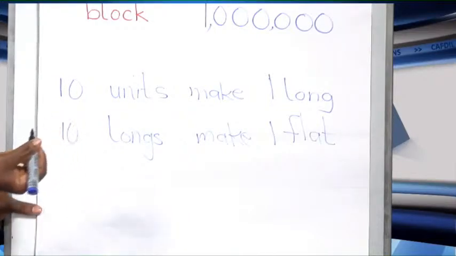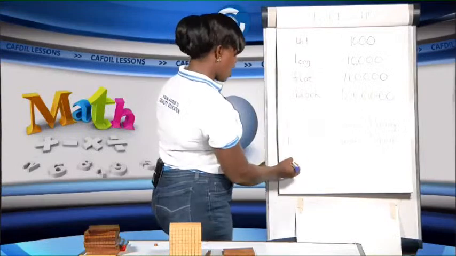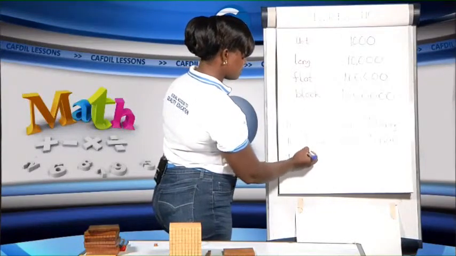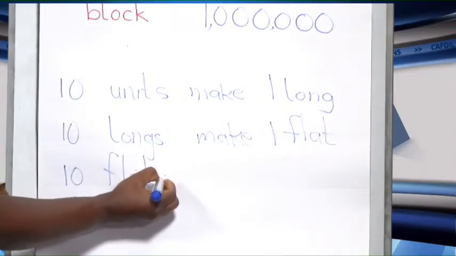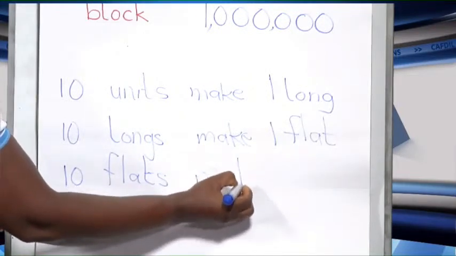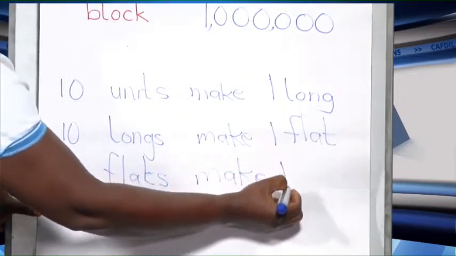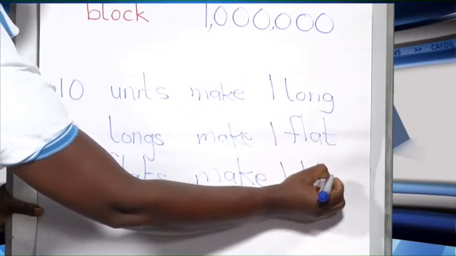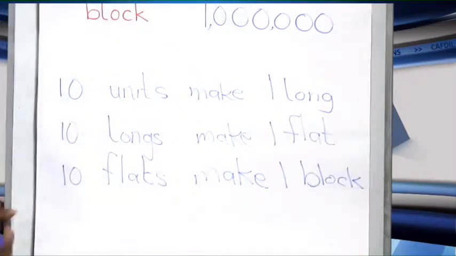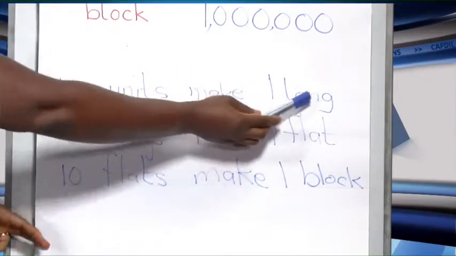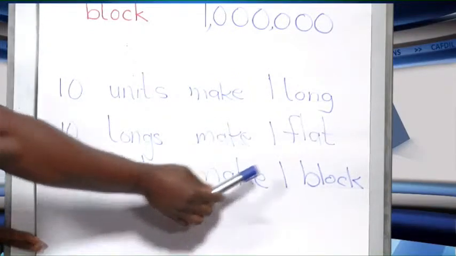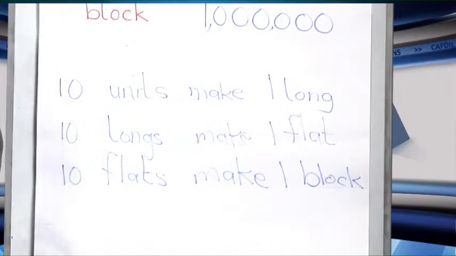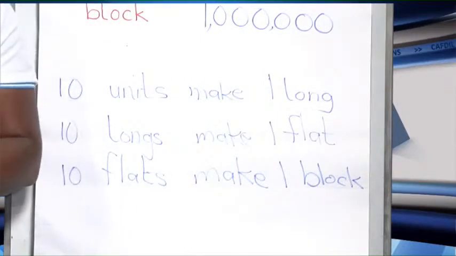If 10 of the longs make 1 flat, then 10 of the flats make 1 block. I hope you can see it. 10 units make 1 long, 10 longs make 1 flat, and 10 flats make 1 block. I hope you have gotten the concept.